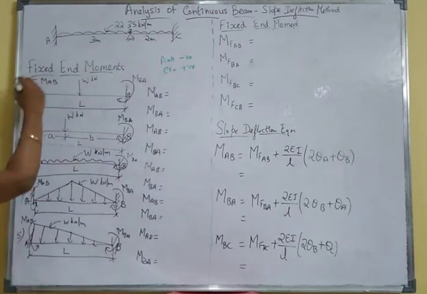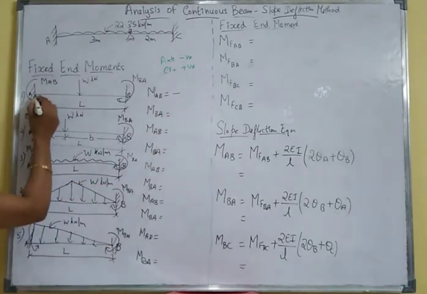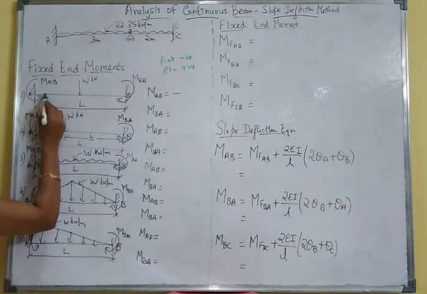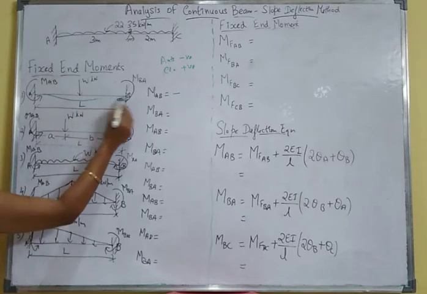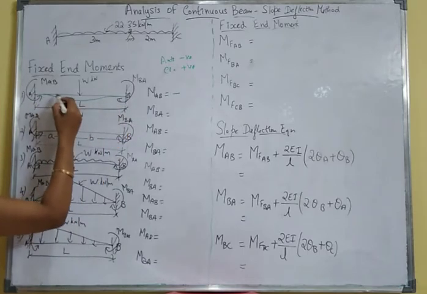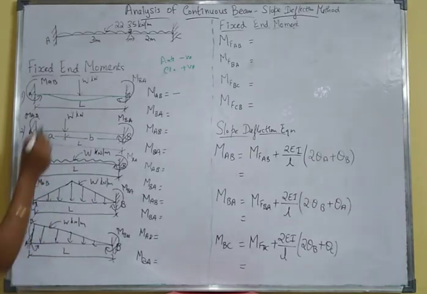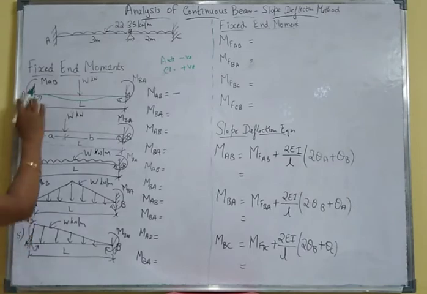The elastic curve here pushes the beam upwards, and here downward, and again upward. So here it will be hogging bending moment, in the middle it will be sagging bending moment, and at the end again hogging bending moment. This is your elastic curve of the fixed end moment.